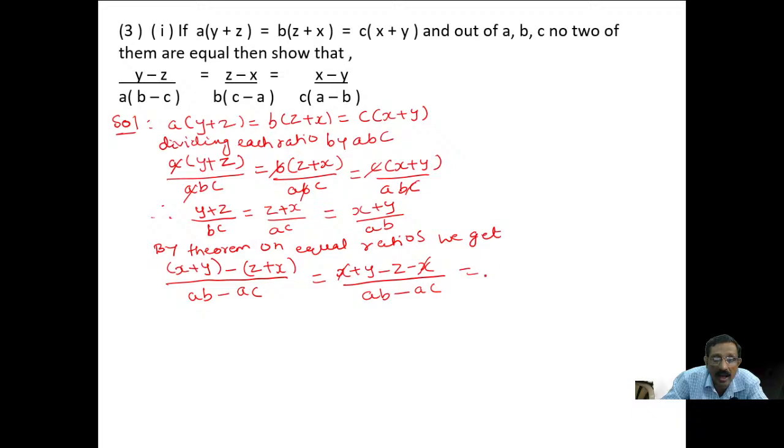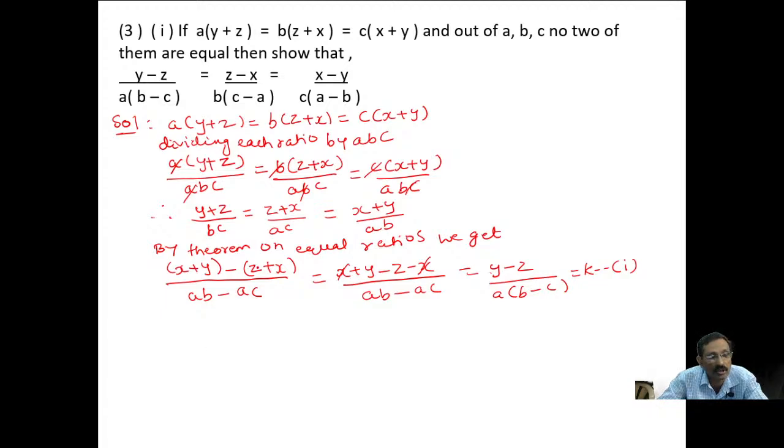Okay, what I will be getting is y minus z upon, I remove common here, A, B minus C, which is equal to K. Let this be my equation number 1. Now let us take the other two.